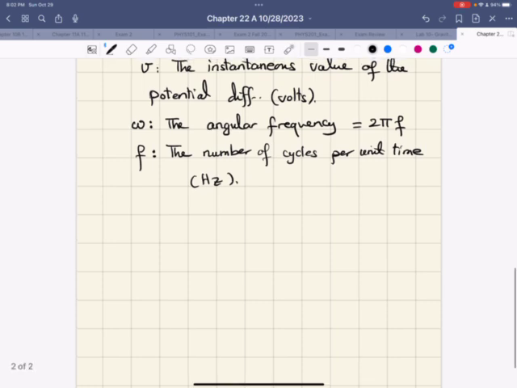Now, here in the United States, the frequency for the source is 60 hertz.